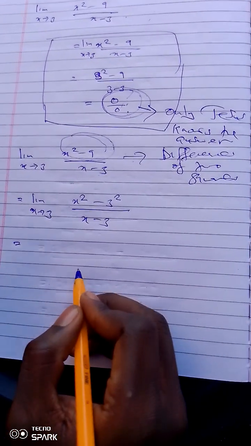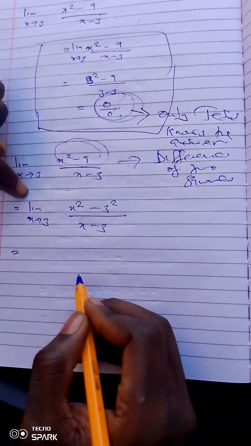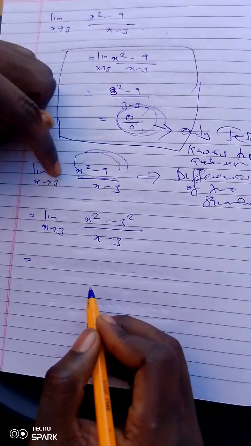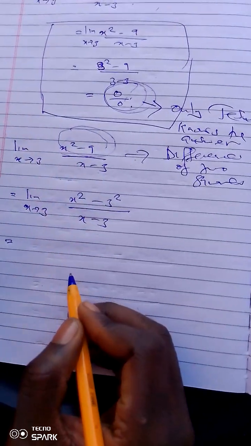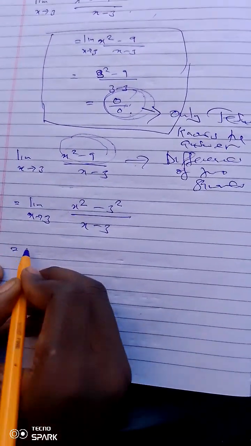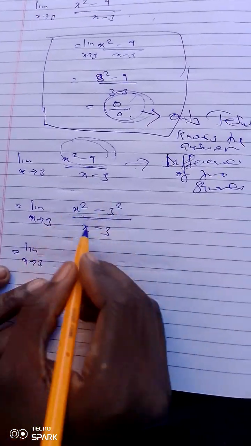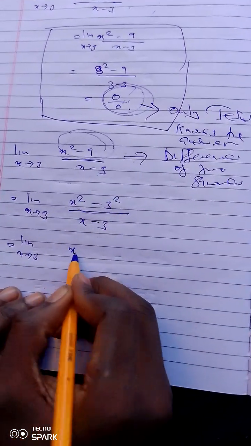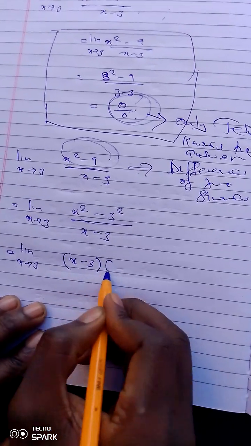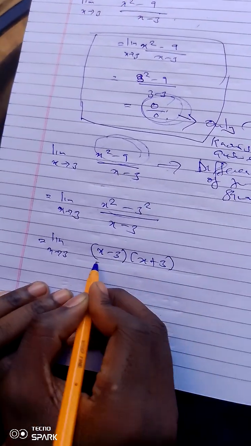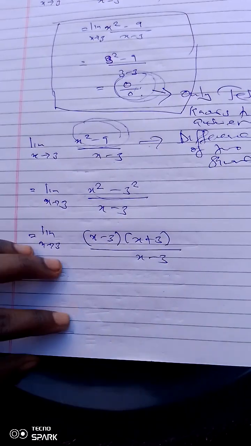Take note that I'm keeping the limit and the x approaches 3 all the way because I haven't replaced yet. Since this is a difference of 2 squares, I'll write x minus 3 times x plus 3 over x minus 3.